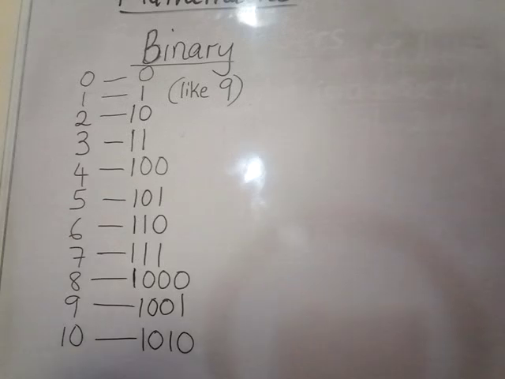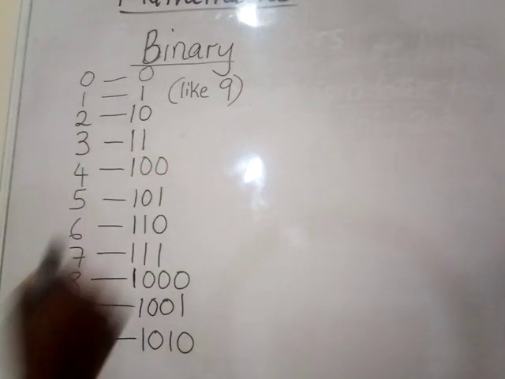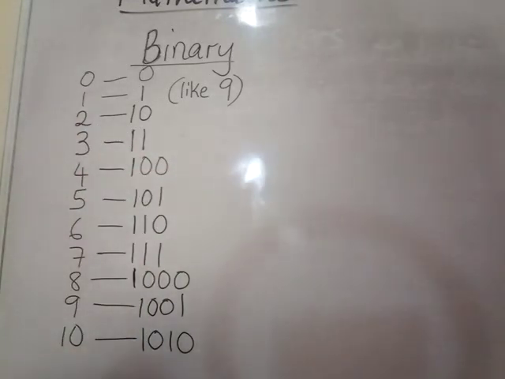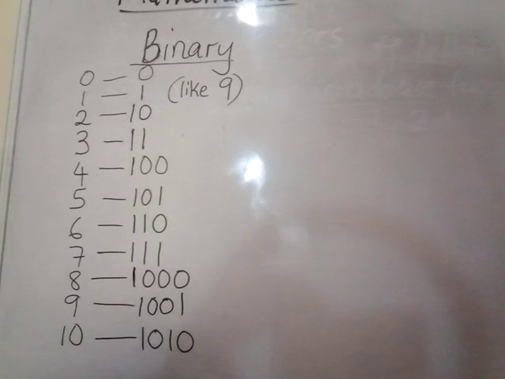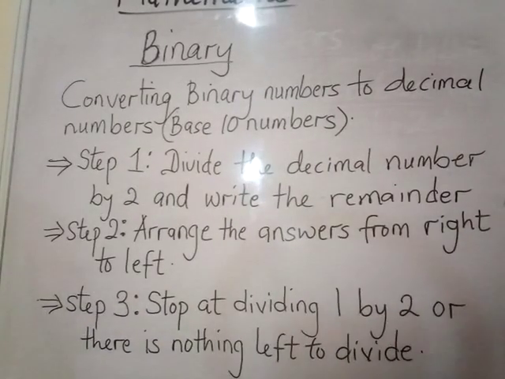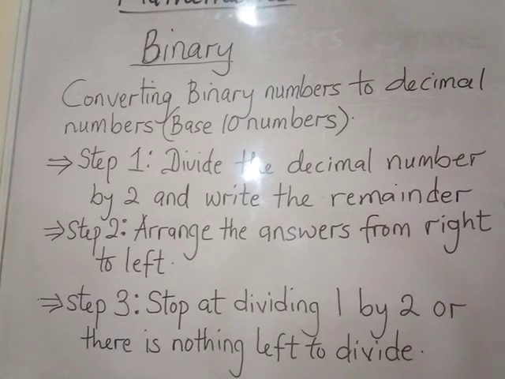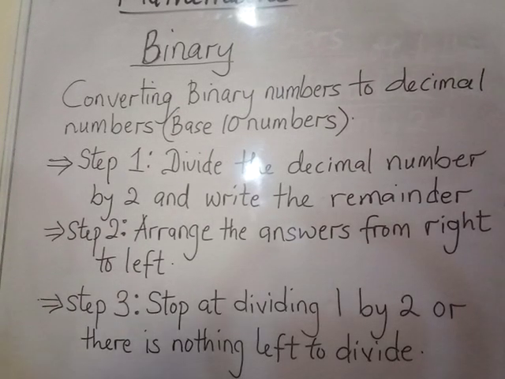Okay, so that's how you convert from the base 10 number system to the binary system. I hope it's clear. So next we're going to look at how we convert binary numbers to decimal numbers.